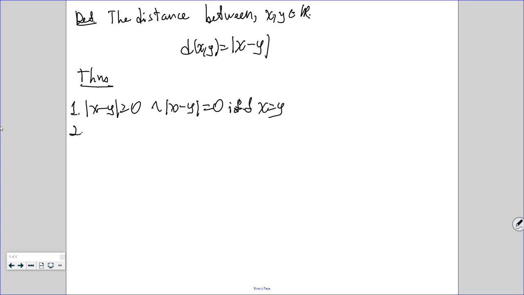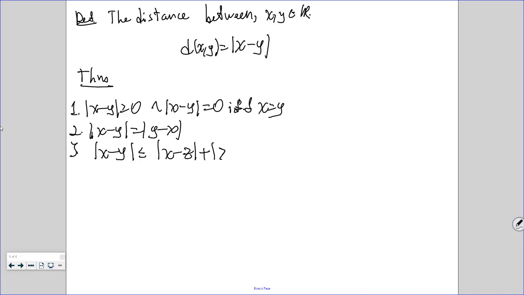The second property is that the distance from x to y equals the distance from y to x, and the third is that the distance from x to y is less than or equal to the distance from x to z plus the distance from z to y. So the second property means that the distance is symmetric, and the third property is the triangular inequality.